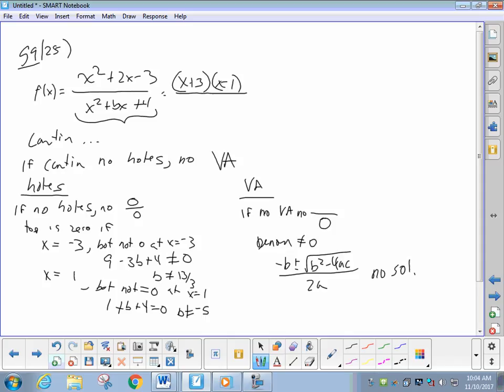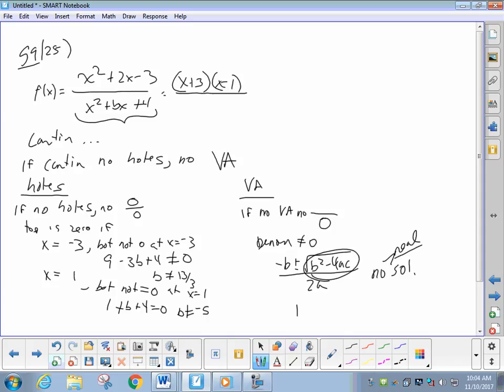In what case would this not have any solution? In the quadratic formula, you get no real solutions. I'll say real to help you. No real solutions if the inside is negative.